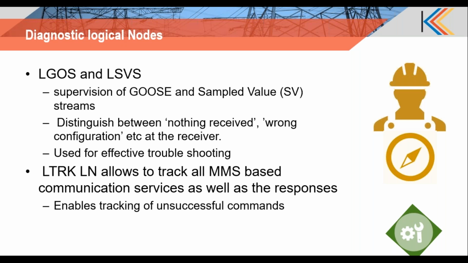These are typical configuration issues. So LGOs and LSEs provide a new set of logical nodes corresponding to each Goose control block and sampled value control block, which give details about whether the subscription functionality is working correctly or not. And as is pretty evident, this gives effective troubleshooting capabilities to the technical engineer.